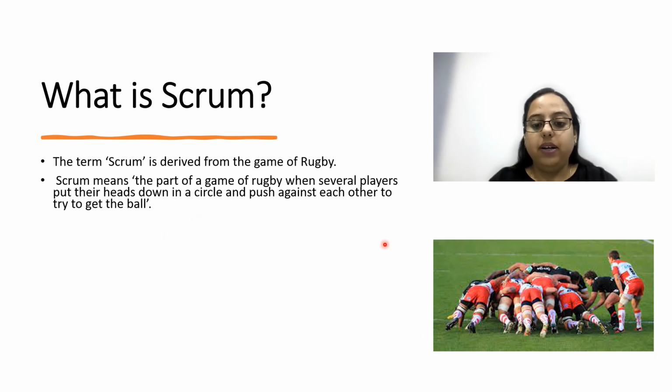So that part is actually called Scrum in rugby. And when it comes to the actual industrial world or the project management world, this is called a team, right? This is called a Scrum team. So the team here in rugby which is trying to get to the ball, this is the actual Scrum team in real life, and this ball is their common goal which they are trying to achieve.